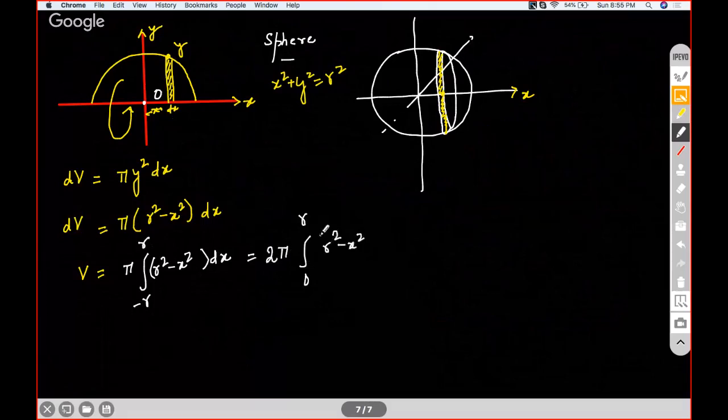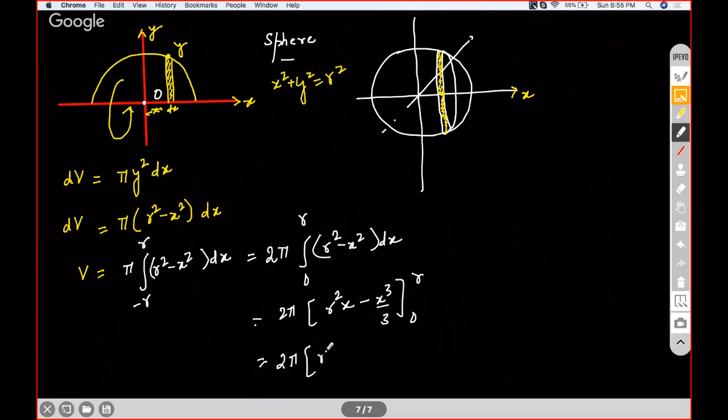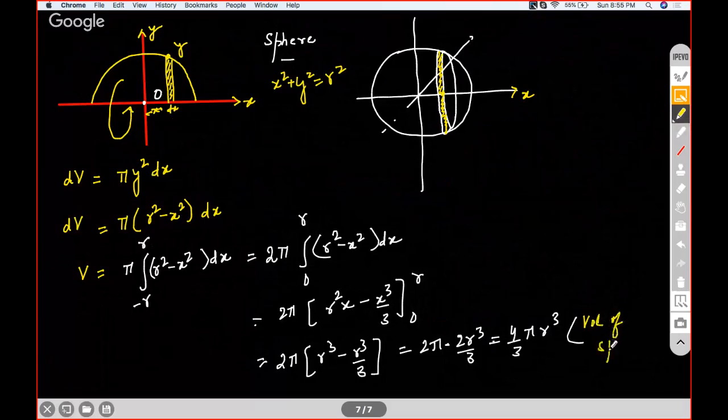So it will be 2 pi, integration of this will be r square x minus x cube by 3 from 0 to r. So it's 2 pi r cube minus r cube by 3, that's 2 pi into 2 r cube by 3, that's 4 by 3 pi r cube. This will be the volume of the desired sphere. Understood, Aditya?